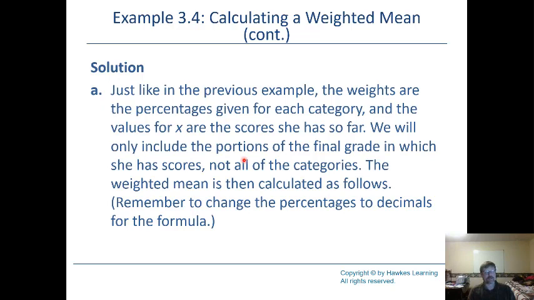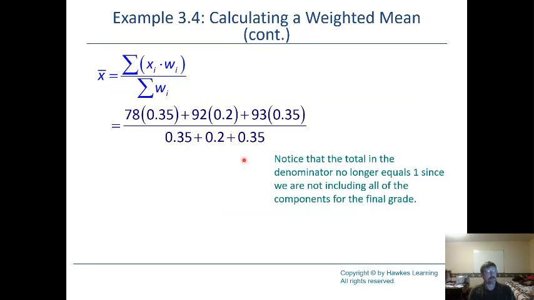The only complication we've added is those weighting factors. So this is everything going up to the final. The denominator isn't equal to 1 because we're missing the final exam still, so if we added the final in, it'd add that. So she's got an 86.9 going into the final exam.